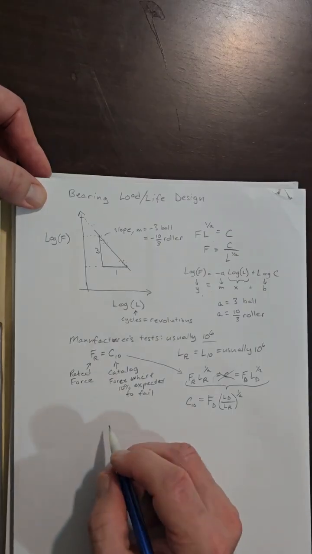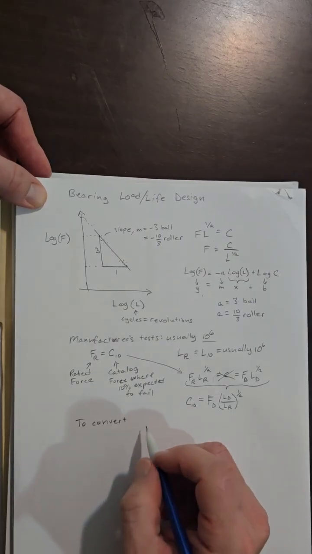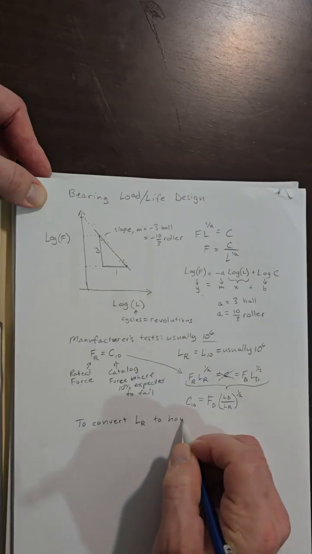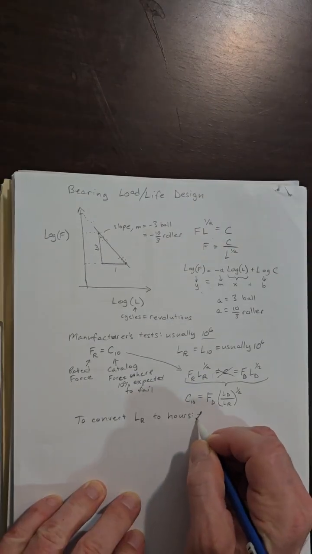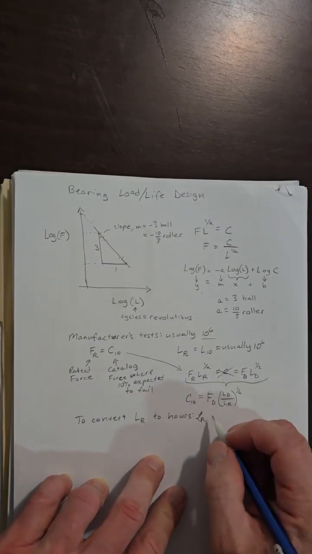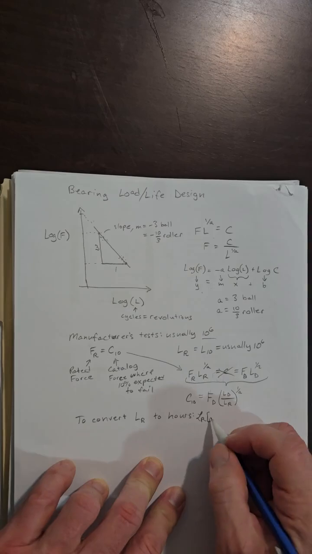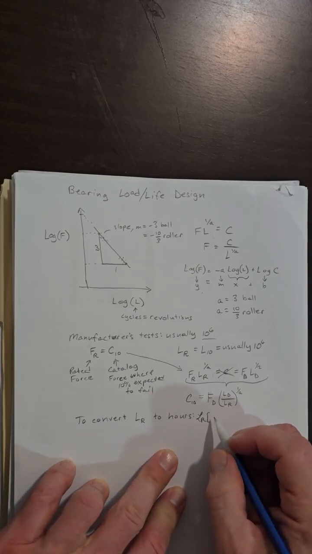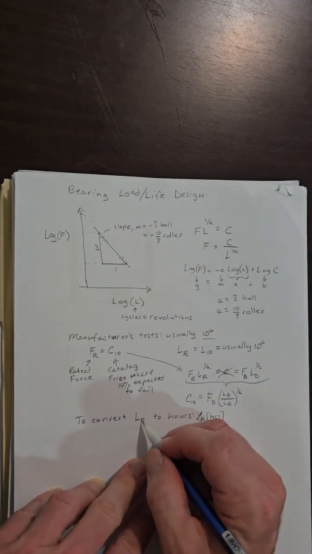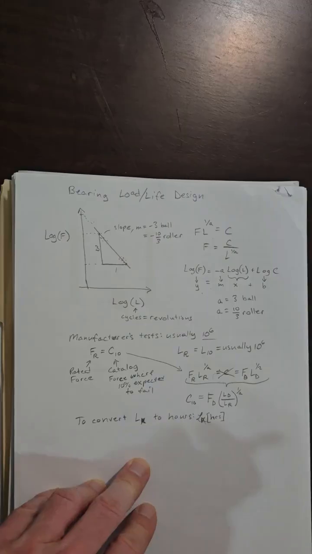Now sometimes I have to convert that to hours. To convert L_R to hours, I will use the script L sub R, which is the rated life in hours. It actually doesn't matter if it's rated life or desired life.